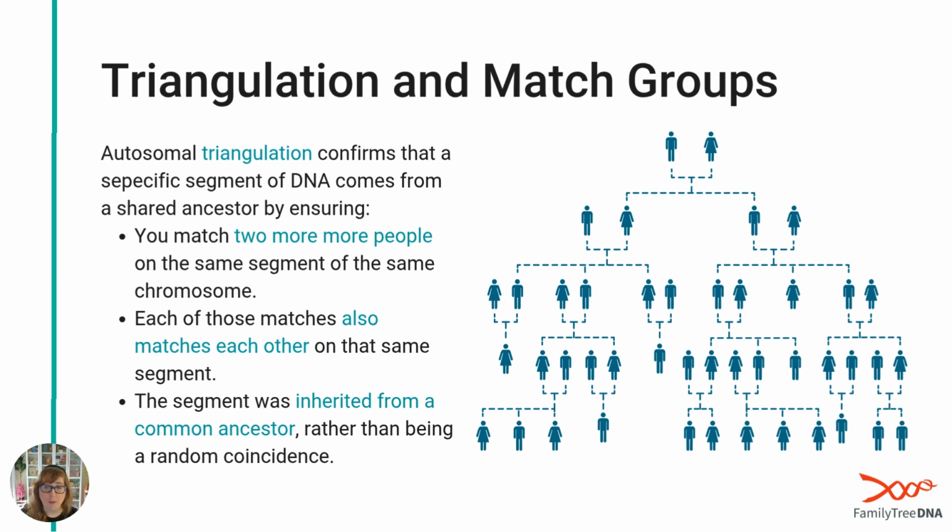Through the tools we covered in part 1, you can determine who that ancestor was. Triangulation lets you identify which ancestor gave you which DNA segments and who on your match list also inherited that same segment from that same ancestor, allowing you to confirm how you're related to them.